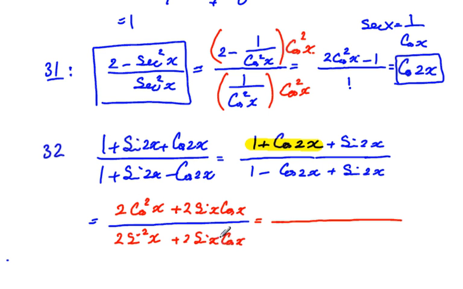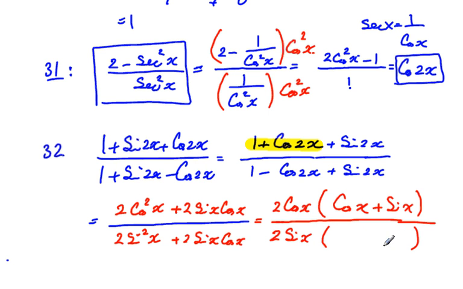So what do we factor here? From the numerator, what can you factor? 2 cosine x. Is that right? Help me out, factor this thing. What is left? No, let's do the same thing in the denominator. What can I factor? 2 sine. What is in the parentheses? Sine x, cosine x.